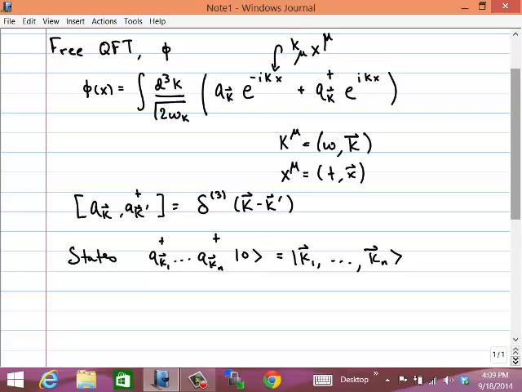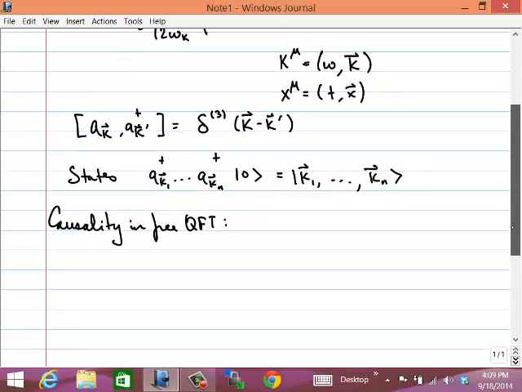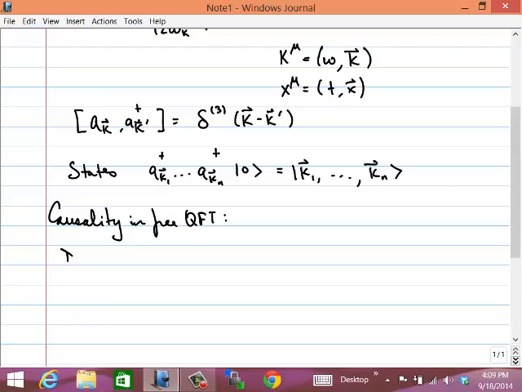The question that I want to end with, and a question that will naturally lead us to thinking about interacting quantum field theory, is the question of causality in free quantum field theory. So in particular, I ended last time by inviting you to think about what I referred to as the propagator, which is the quantum mechanical amplitude for a particle to move from a space-time point y to another space-time point x.